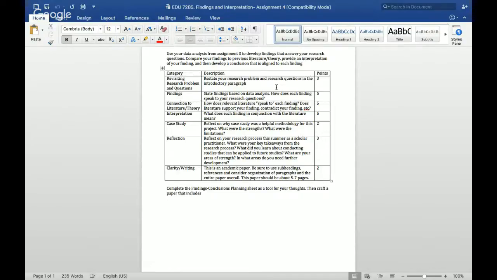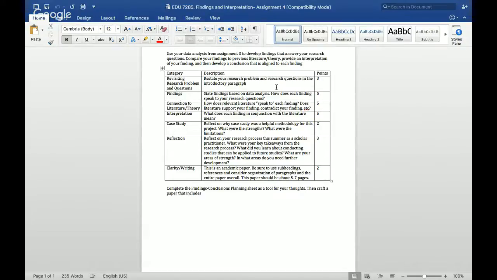I think that this is, for a lot of folks anyway, the fun part, trying to figure out what makes sense, what this says about my research questions, what this says about my research problem. And I should also say, you may not have the complete answers to your research questions, especially because you only collected a little bit of data.